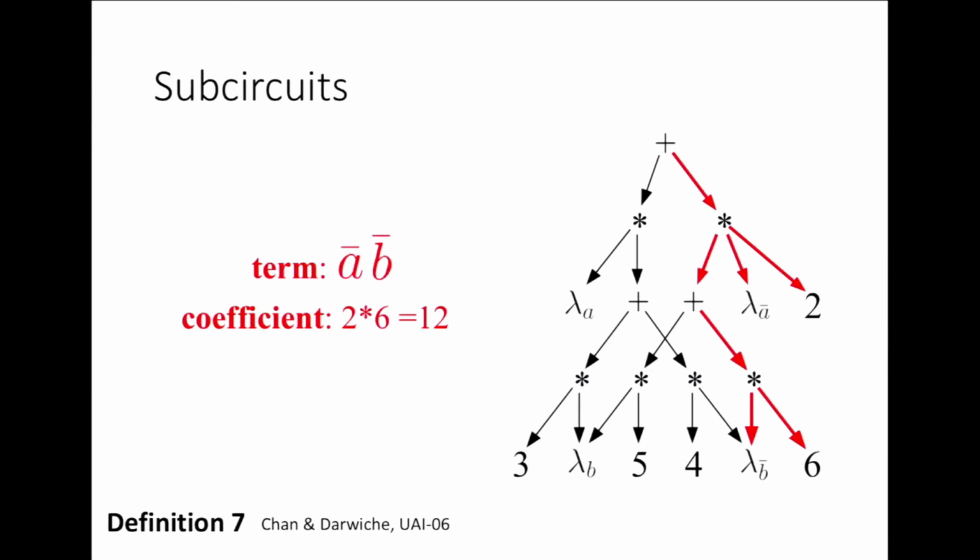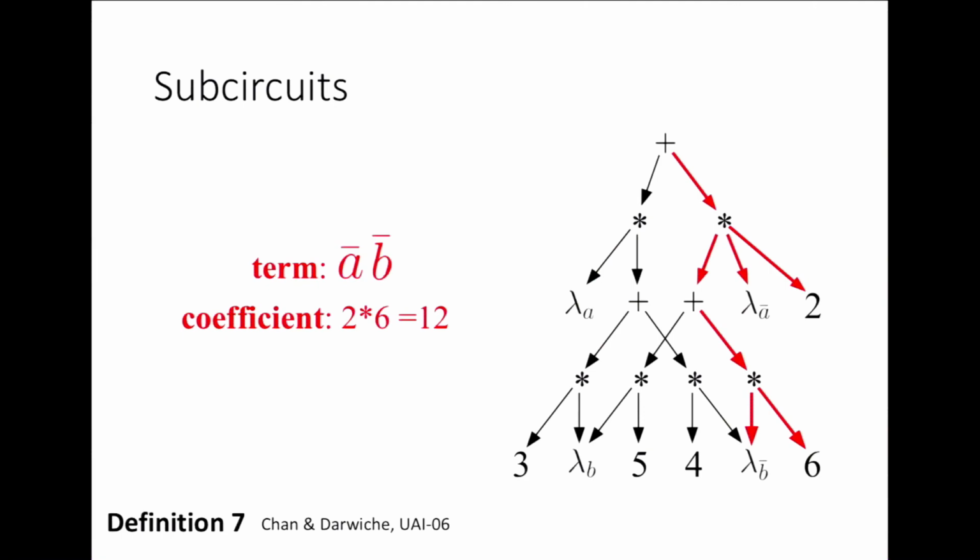Okay, now we get to the main insight behind these creatures. When you say I want it to be decomposable, or I want it to be smooth, or I want it to be deterministic, I want to understand these in terms of subcircuits and their coefficients and their terms. When you tell me the circuit is decomposable, what does that say?